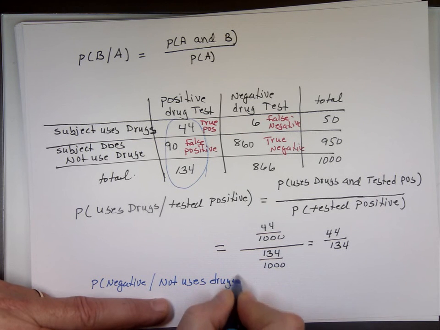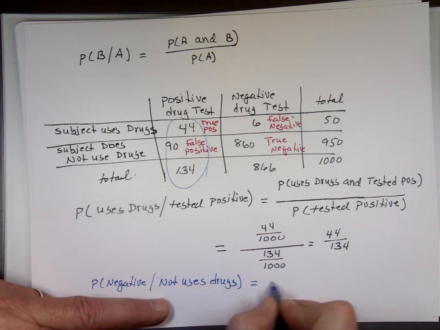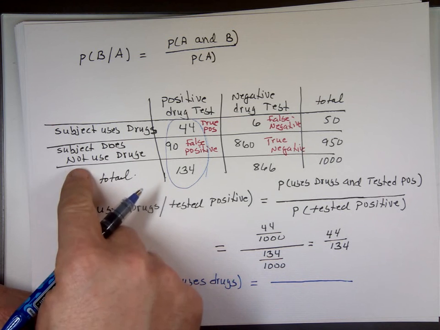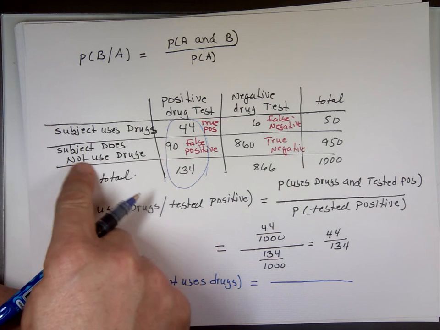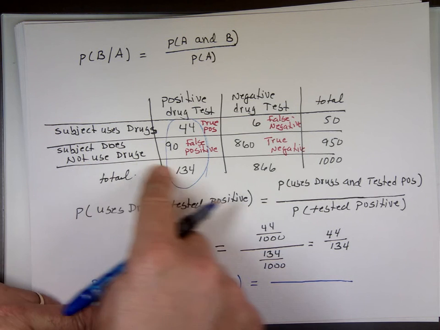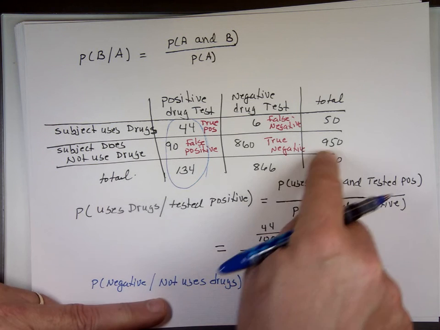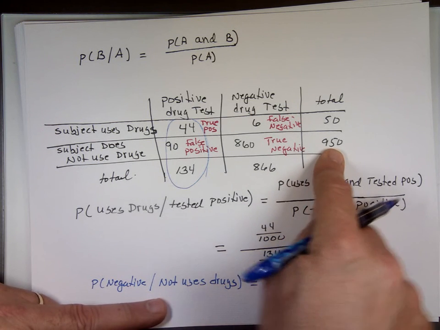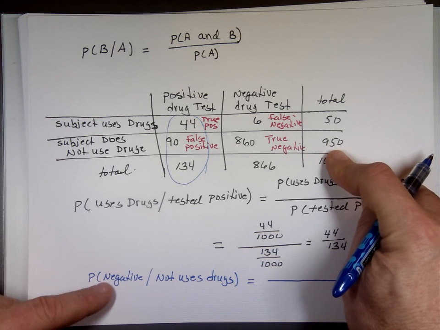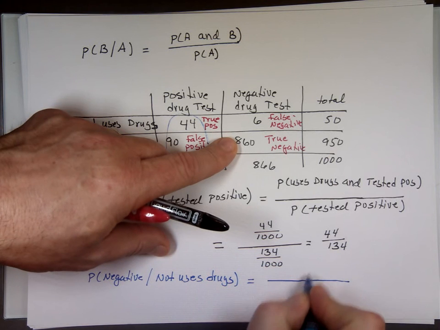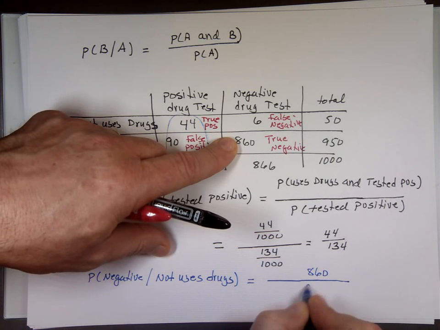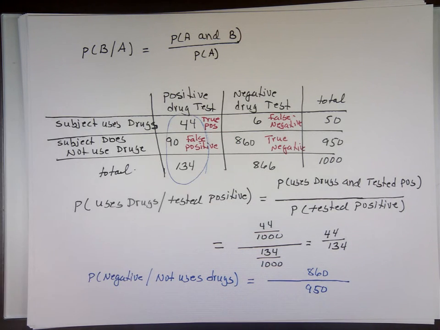Well, how many people did not use drug? Altogether, how many people did not use drug? 950. Out of the 950, how many of them tested negative? 860 out of the 950. And you can simplify the math. 86 over 95.